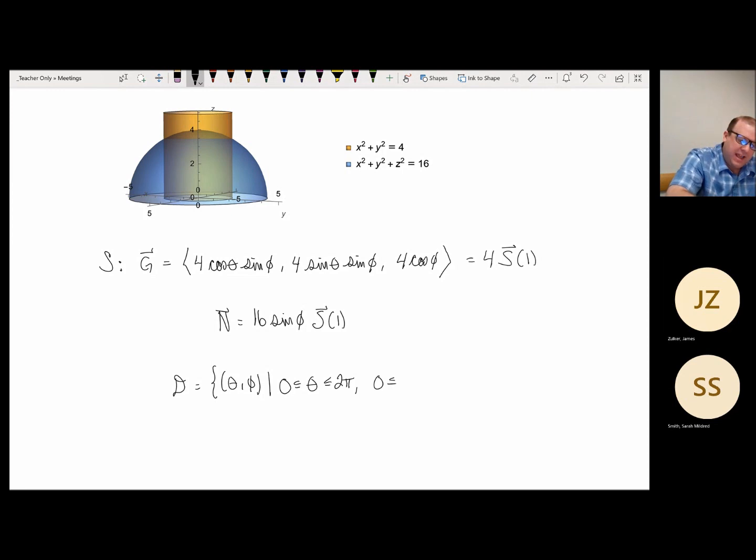Phi, we know, is going to start at 0, and the declination is going to go down to where the two intersect.